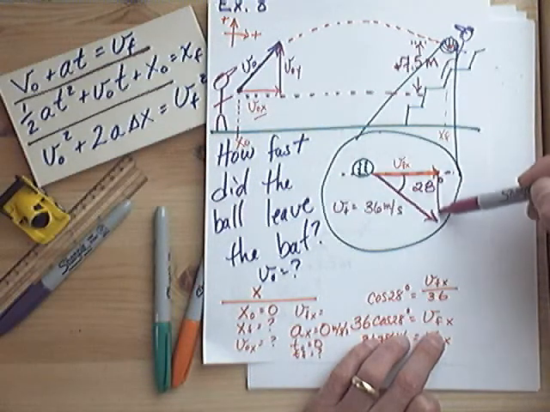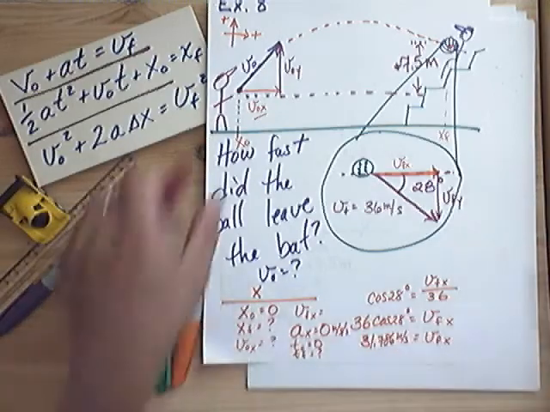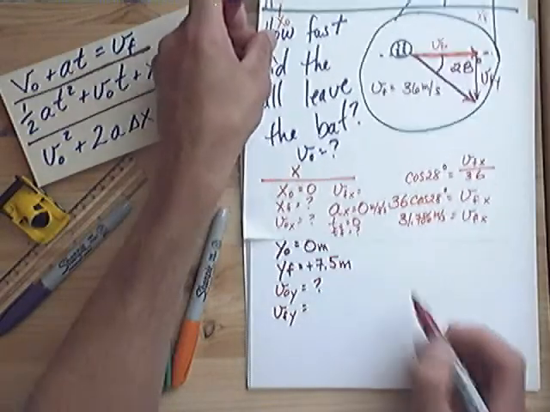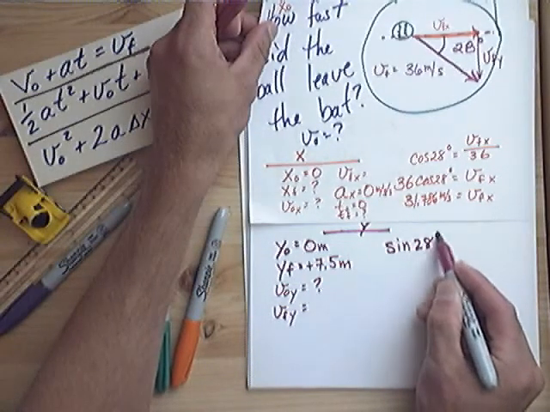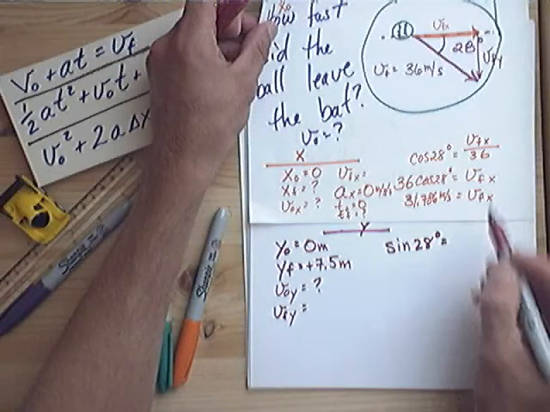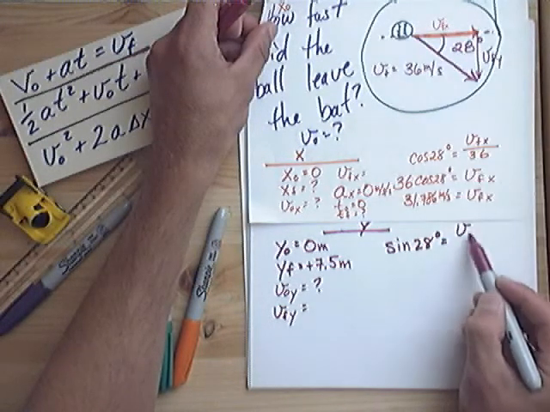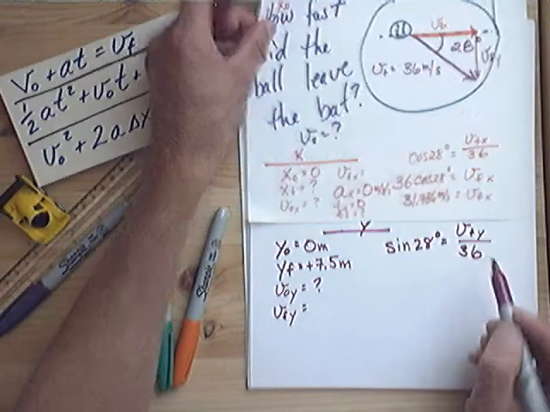So this is going to be v final in the y direction. That's the opposite angle, so let's use the sine. The sine of 28 degrees is opposite to v final over y over hypotenuse, which is 36.